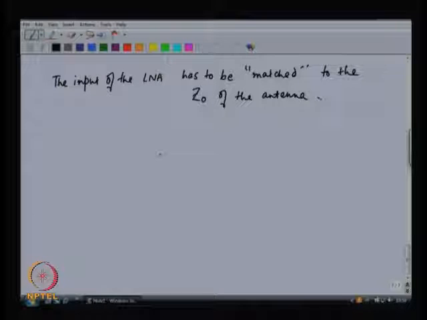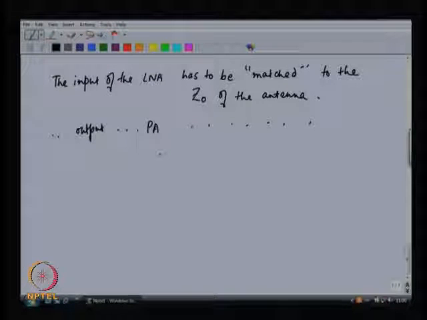The output of the PA has to be matched to the Z naught of the antenna. Okay, so that is the kind of sentence that we are going to use.